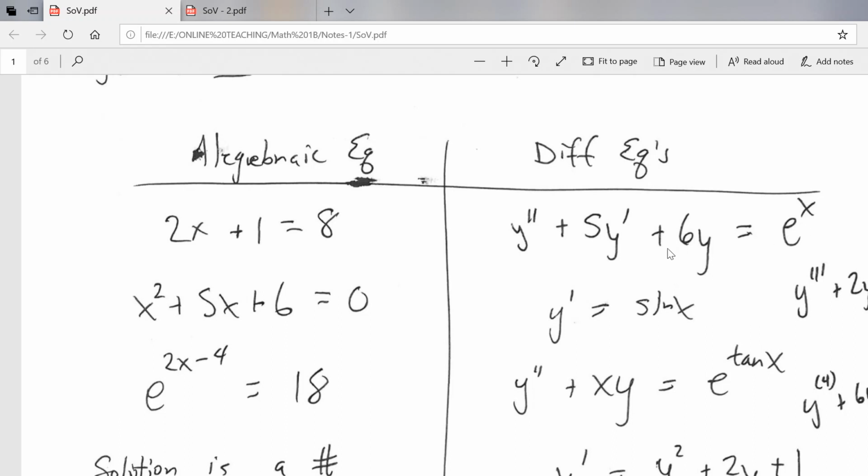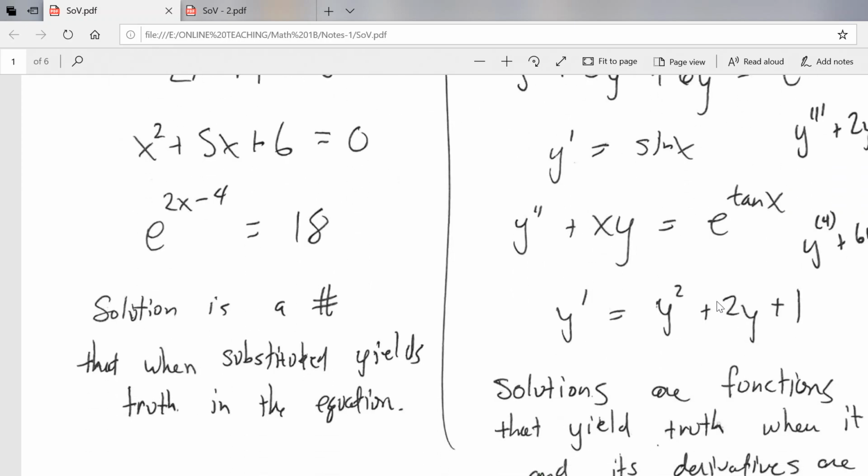Can you find a function that does that? That's the question. And if you can, then that's the solution. And if not, then it's not a solution. So, for algebraic equations, solutions are numbers. For differential equations, solutions are functions.